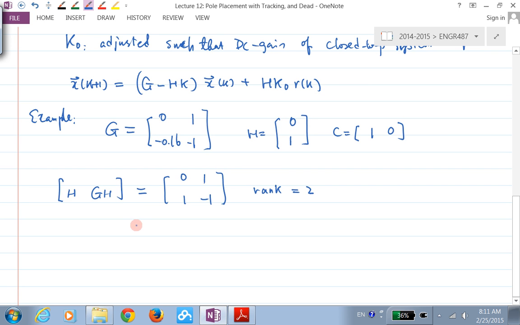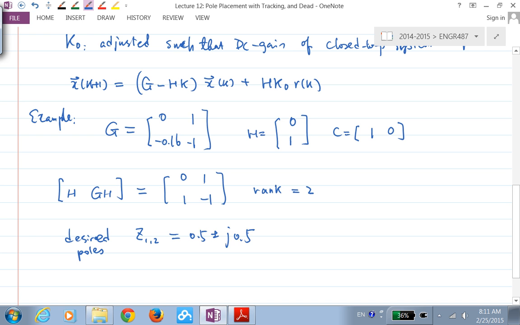Now let's suppose my desired pole location is z1,2 equal to 0.5 plus or minus j 0.5.